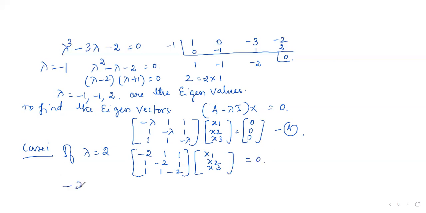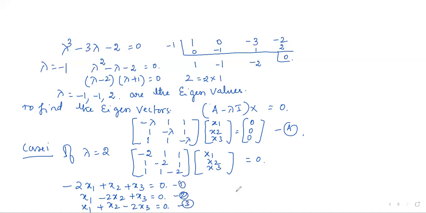So my equations will be minus 2x1 plus x2 plus x3 is equal to 0, then x1 minus 2x2 plus x3 is equal to 0, and then x1 plus x2 minus 2x3 is equal to 0. So solving the first and second equations by the cross multiplication method.